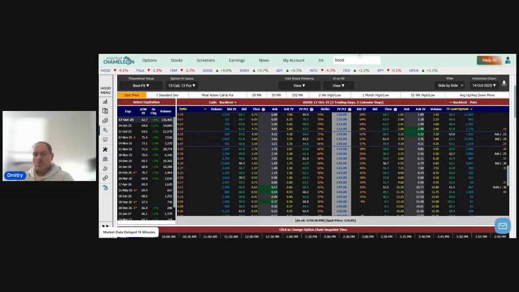So what we did was start from the screener, narrow down potential candidates based on trading volume. So we see these are pretty active options.